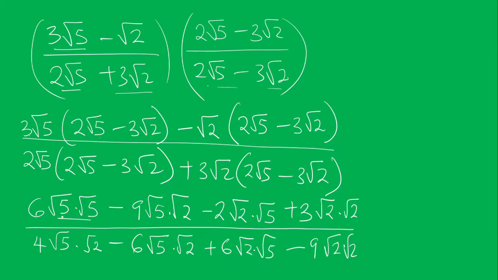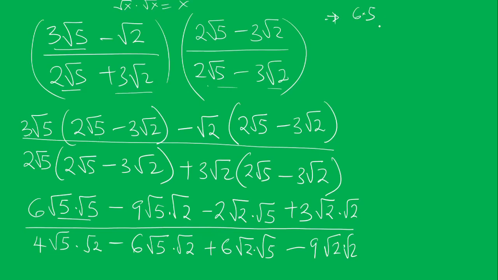Now this root 5 times root 5, which is 5, times 6 will give you 30. Let me still write it here, which implies that you will now have 6 times 5. Applying this rule, root x times root x is equal to x, root 5 times root 5 is 5. So 6 times 5 is 30.